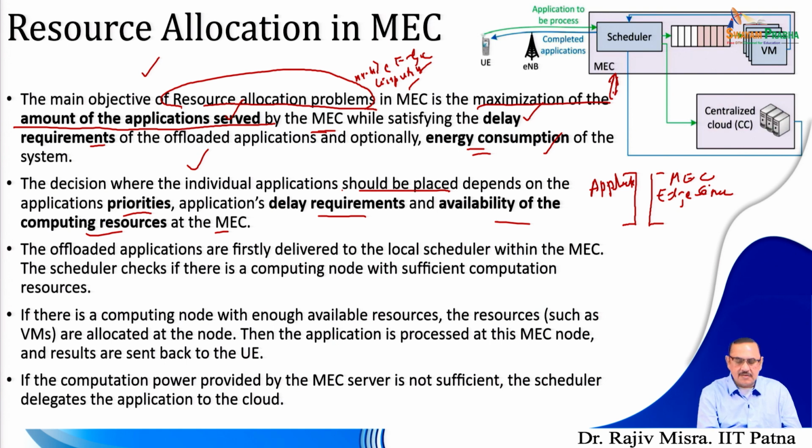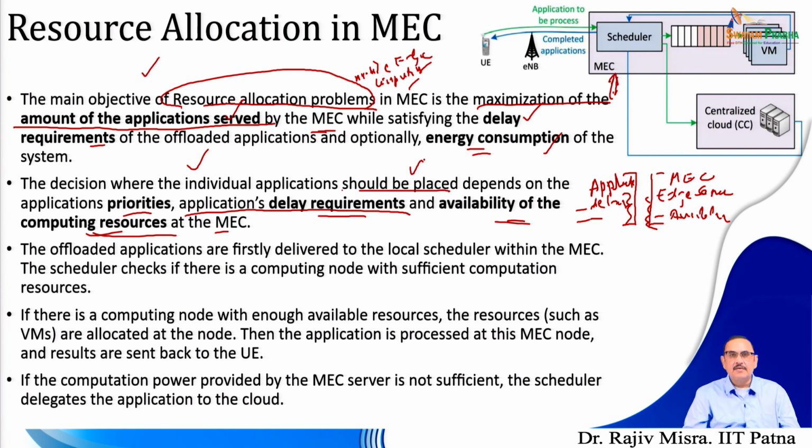These two parts, the application's delay requirements and the availability of computing resources, together will decide the individual application's placement based on the application priorities.